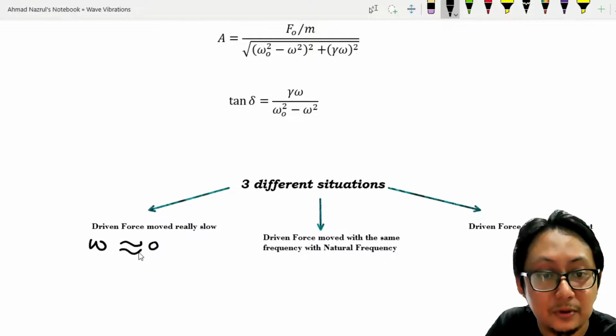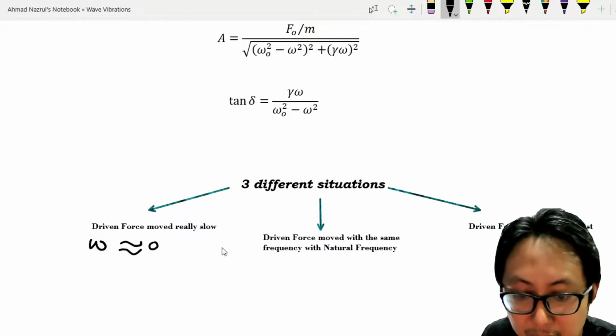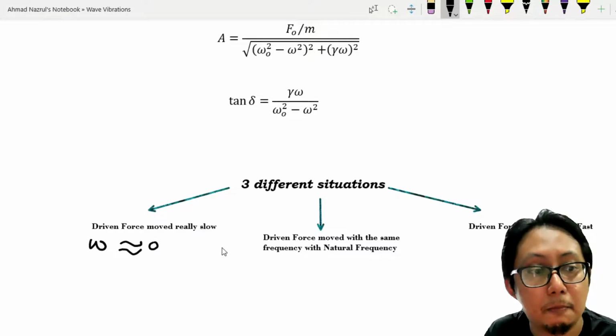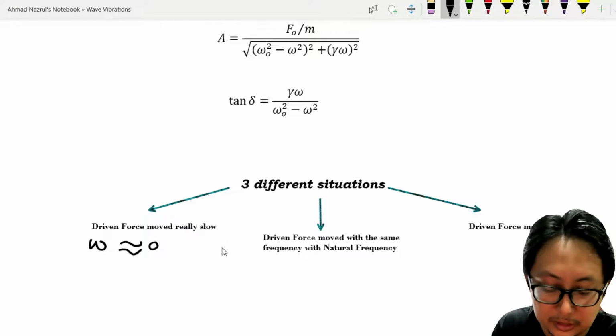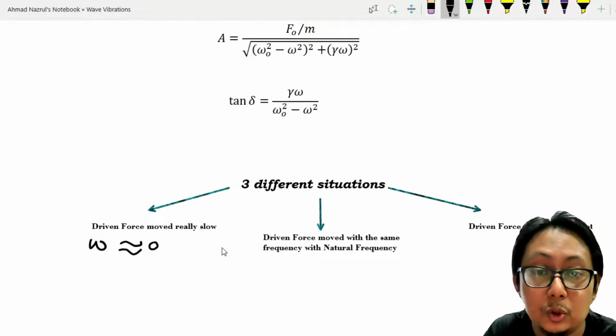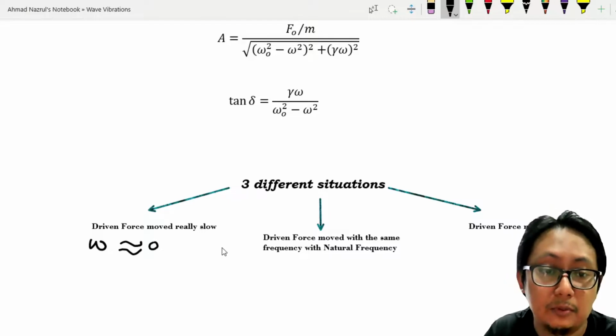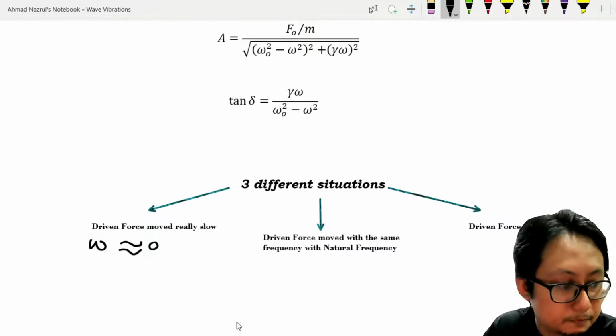So the period means that the driven system needs a longer time to complete one cycle because omega is very near to 0. So what will happen here?